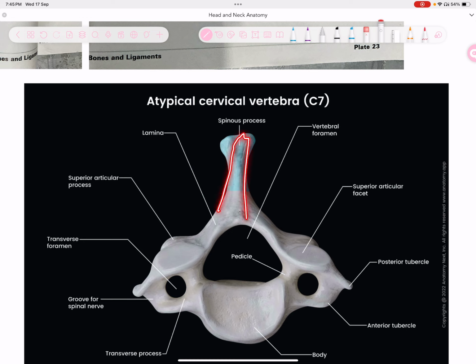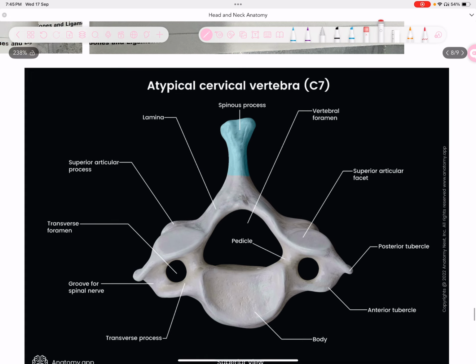The transverse processes are comparatively large in size compared to the rest of the cervical vertebrae, and the posterior root is larger than the anterior. The anterior tubercle is absent. There was supposed to be an anterior tubercle here normally, but it's not here. And also the foramen transversarium is relatively small, sometimes double or maybe entirely absent.